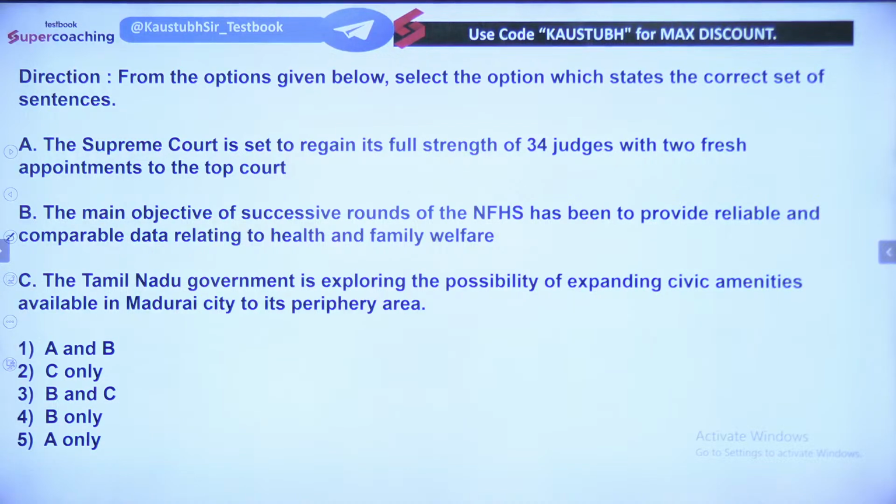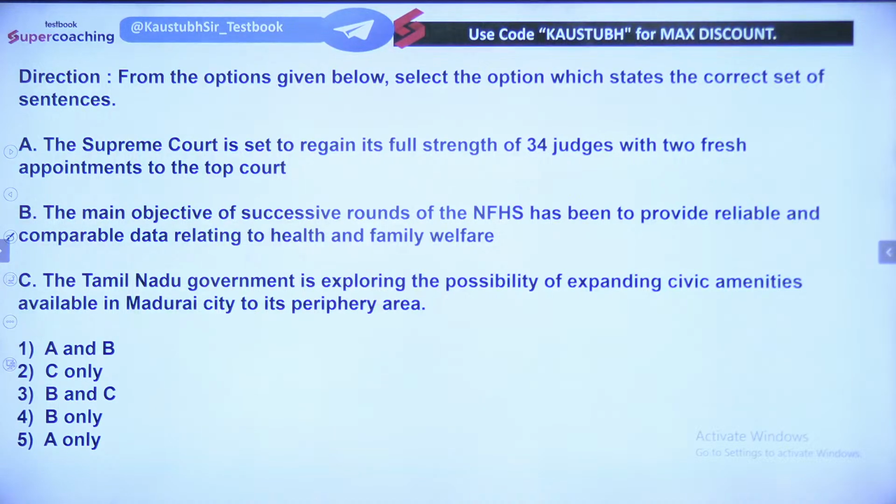Error-free sentences, Rupak, we have to find error-free sentences. Are you sure C is error-free? Maybe it sounds related.